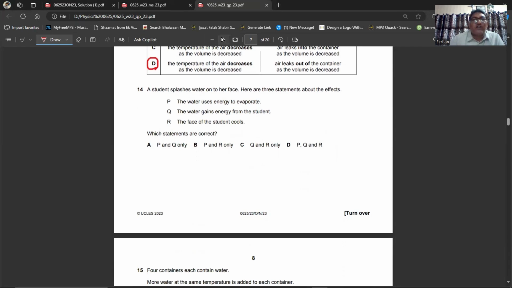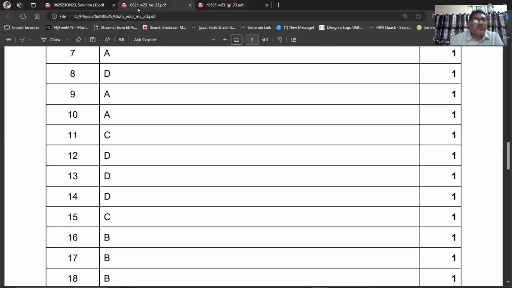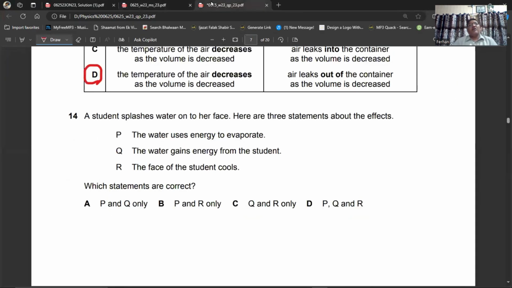Now we are on question number 14. A student splashes water on her face. Here are three statements about the effect. The water uses energy to evaporate. Yes, that's right. The water gains energy from the student.